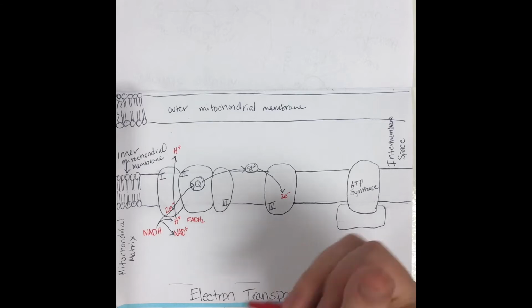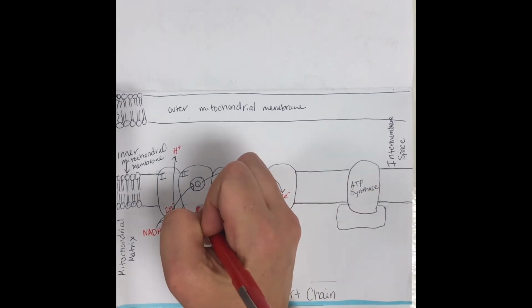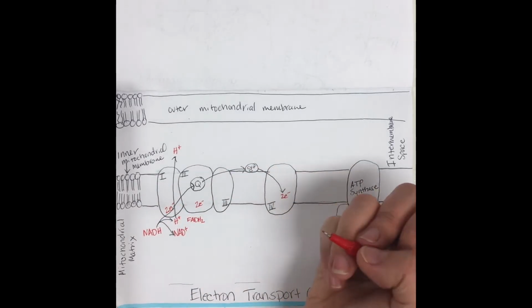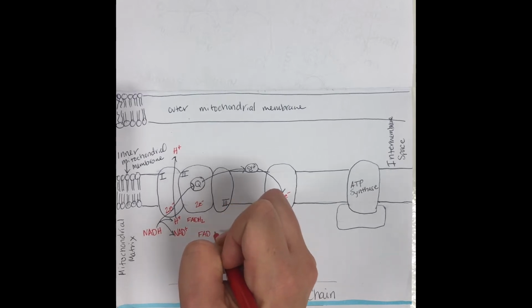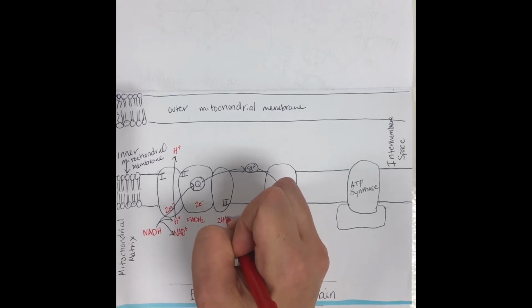Well, the other electron carrier that we used is FADH2. So he was made in the Krebs cycle. Okay, he is also going to release 2 electrons, and then he will split into FAD, no plus, and 2 hydrogen ions.